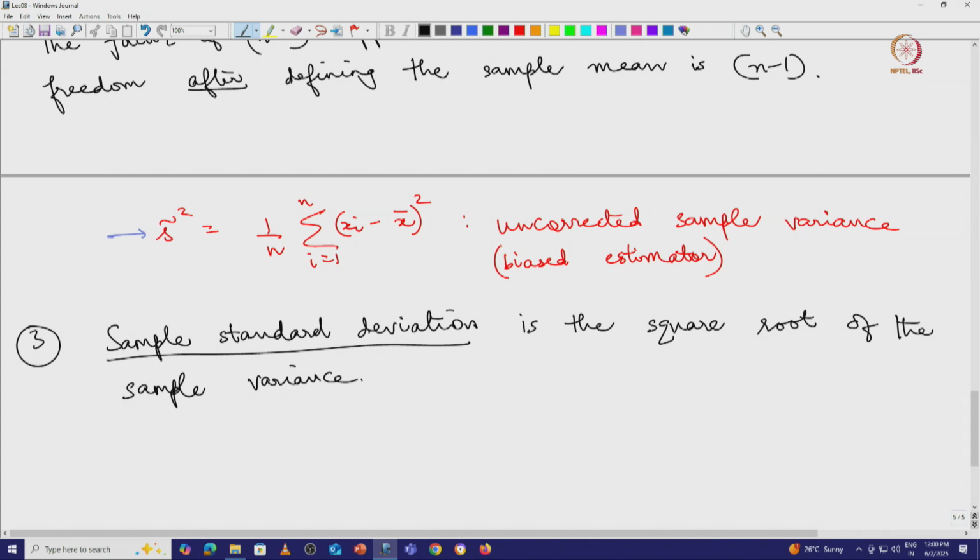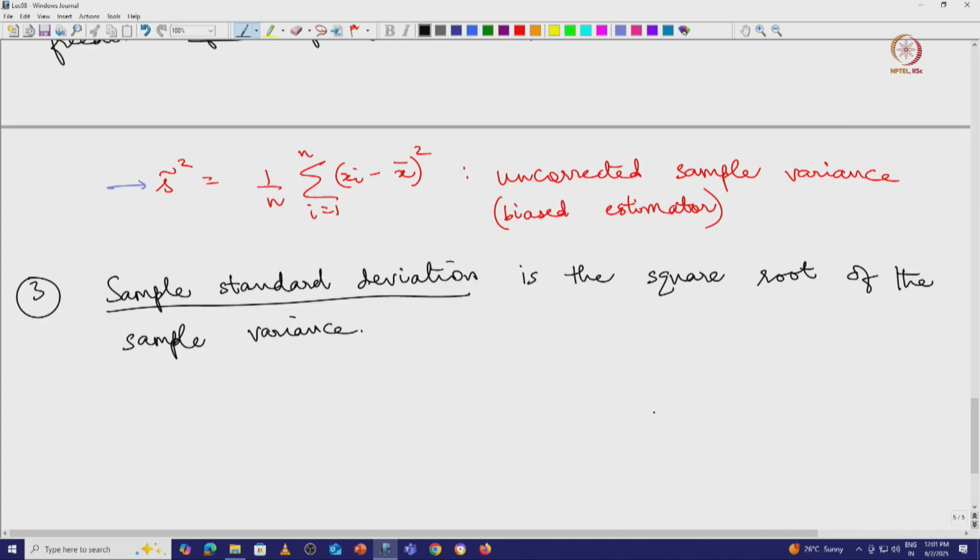And again you do it so that the units that we get match the units of the random variable that we are studying, so that it becomes easier to get a sense of the magnitude of the variation.